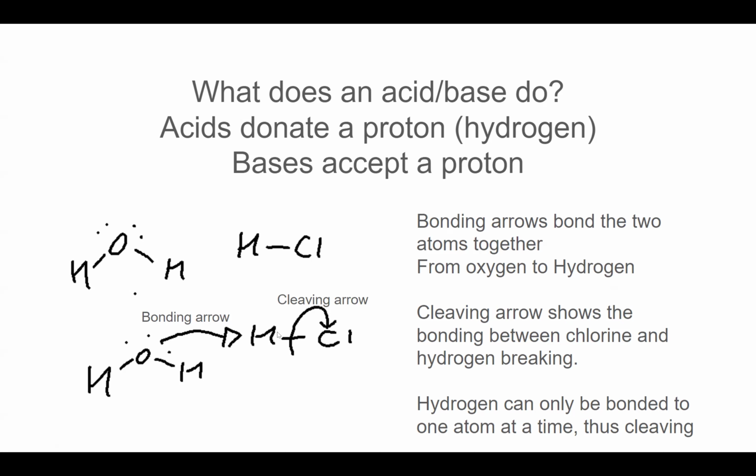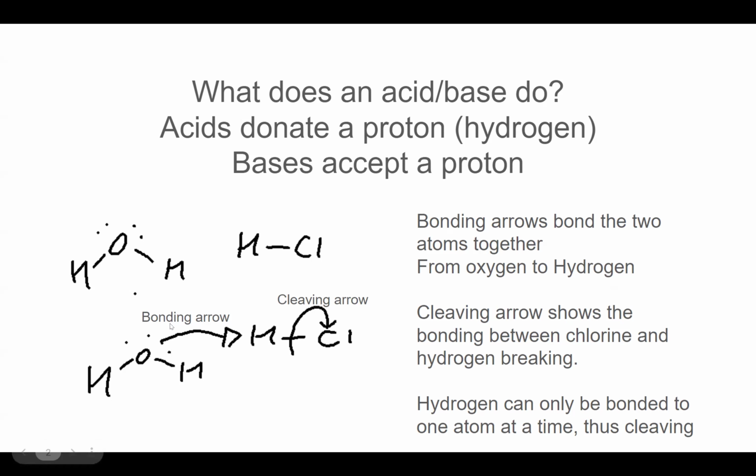How come we need a bonding and a cleaving arrow? Well, with acids and bases, well, any compound really, hydrogen is monovalent, meaning that it can only be bonded to one thing at a time. Same thing with the chlorine, it is monovalent, therefore having 3 lone pairs and 1 bond pair.